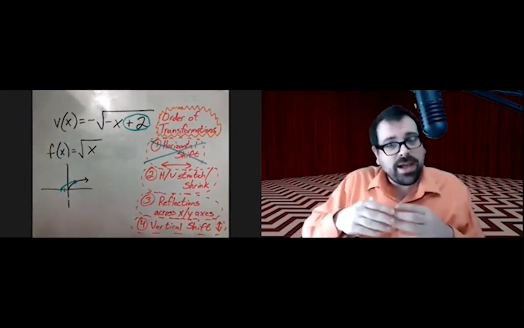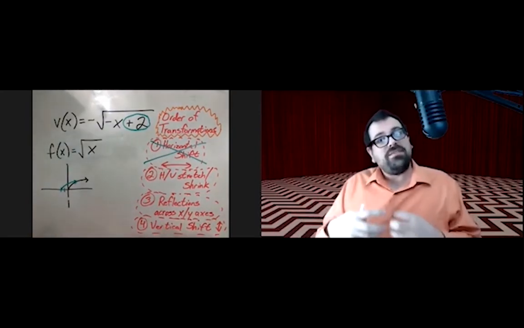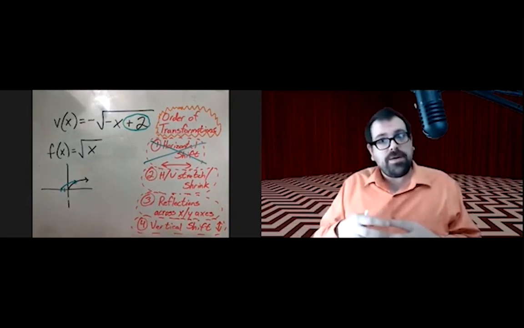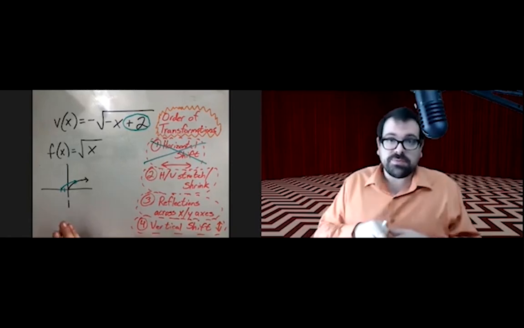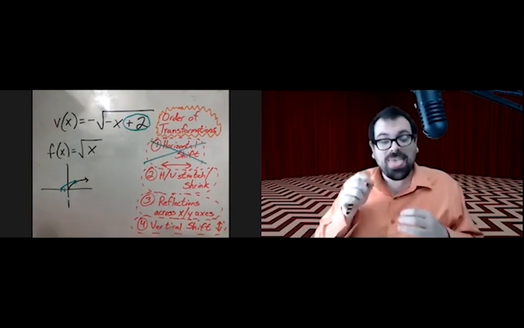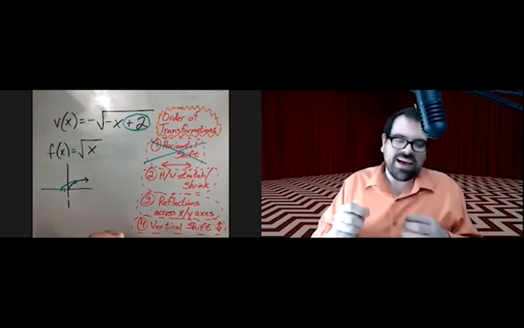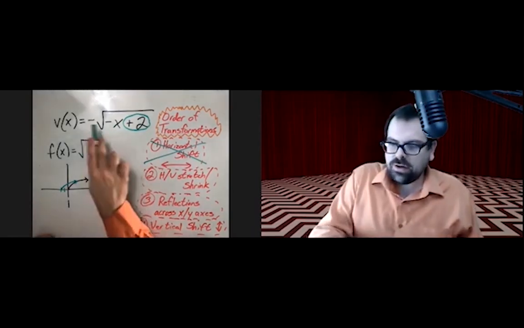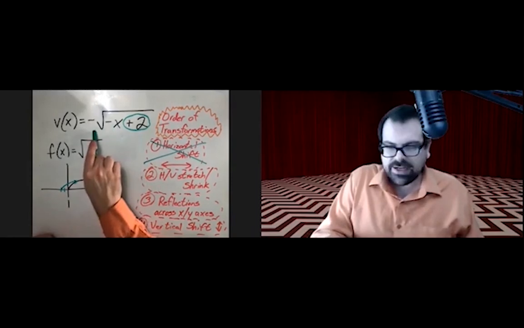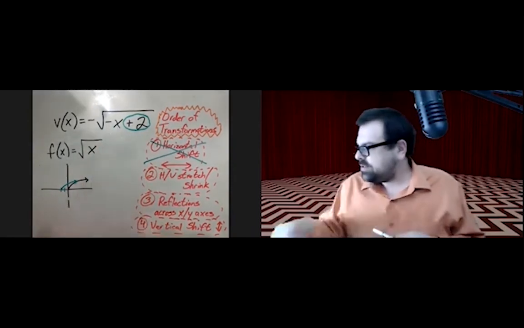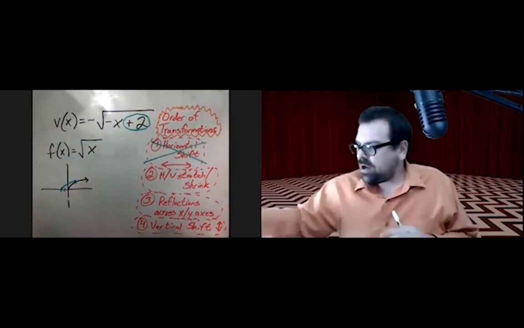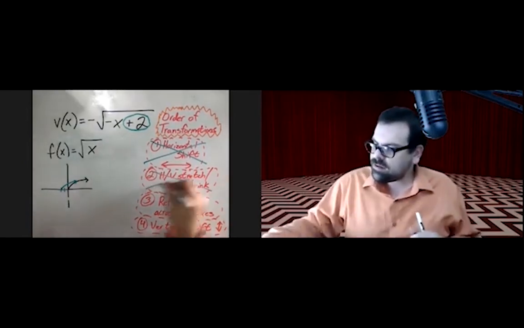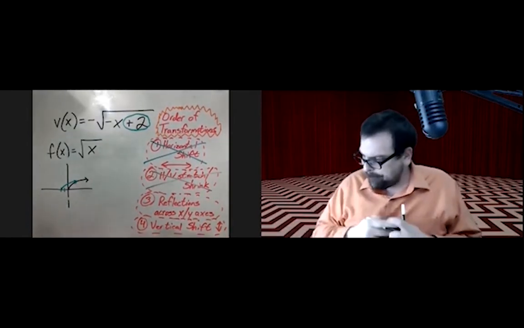We can get that by multiplying y values by numbers or fractions, multiplying x values by numbers or fractions. But here we don't have any stretches or shrinks. So I can just go ahead and knock that out too.